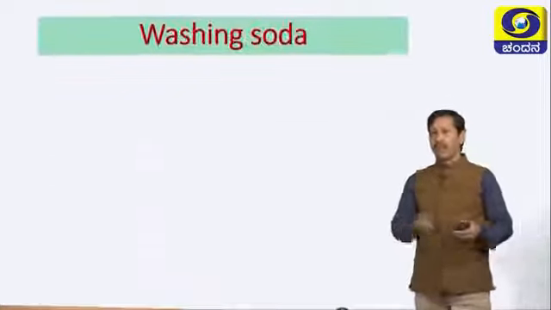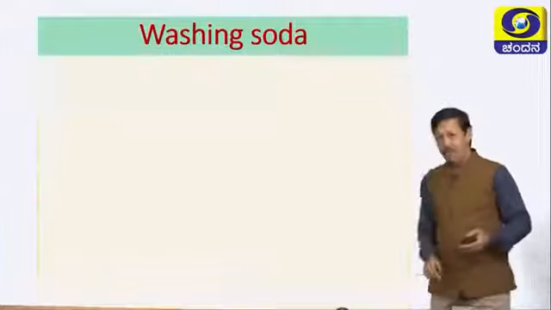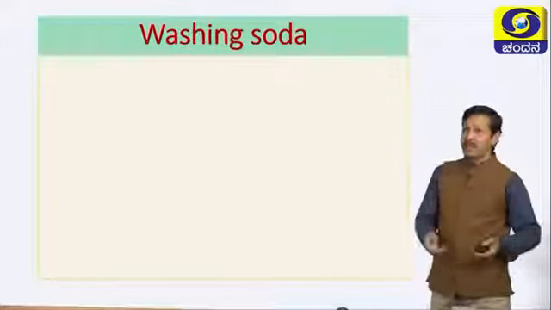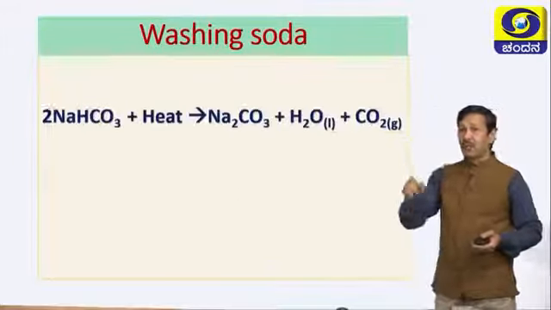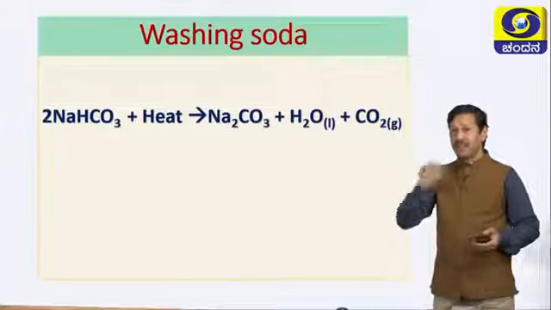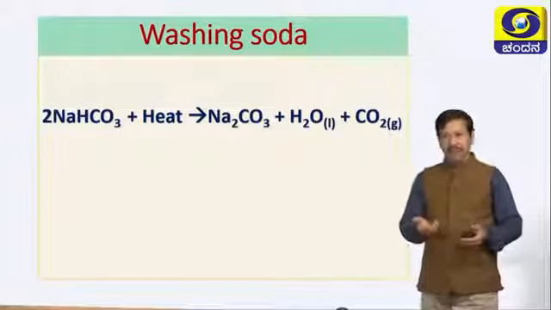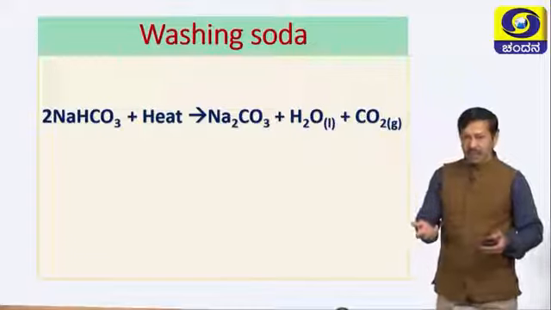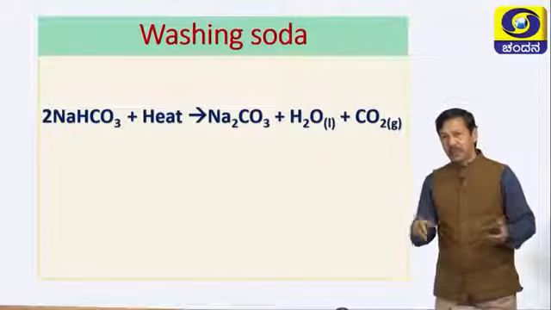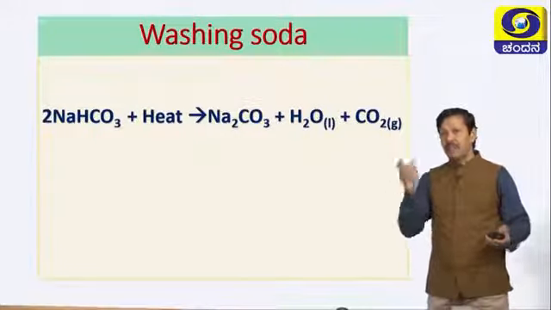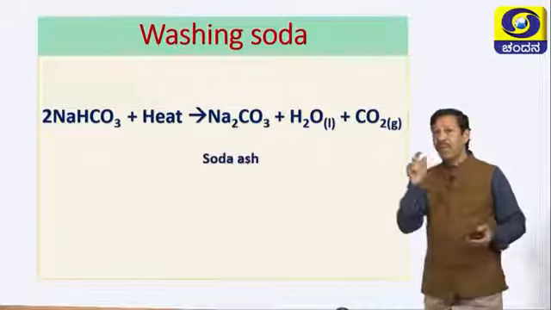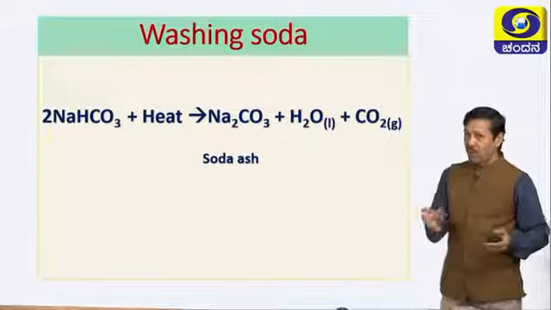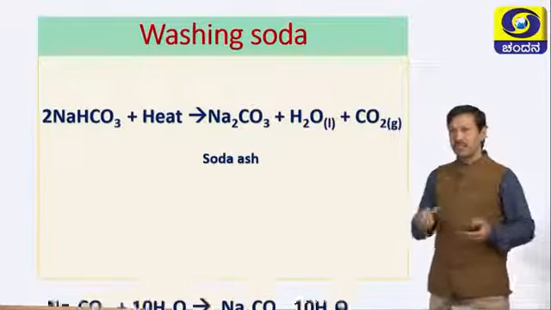Now let us move on to the next one, that is washing soda. Washing soda, Na2CO3·10H2O, or decahydrate. When baking soda is heated strongly, it decomposes to produce Na2CO3, which is popularly known as soda ash, plus H2O and carbon dioxide CO2.